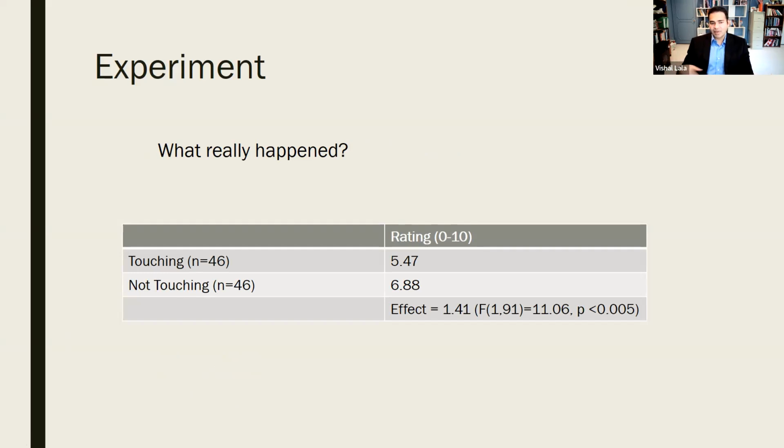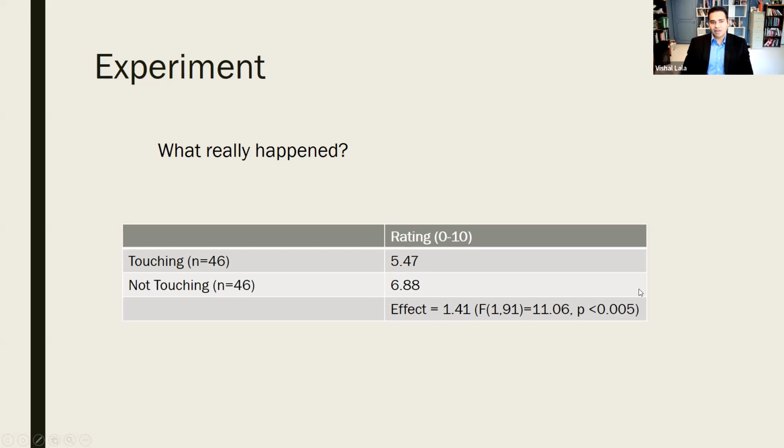Here, a higher number means more liking for cookies. So when cookies were touching the box of Stay Free, cookies were rated as being less than when they're not in contact. This difference was found to be statistically significant.